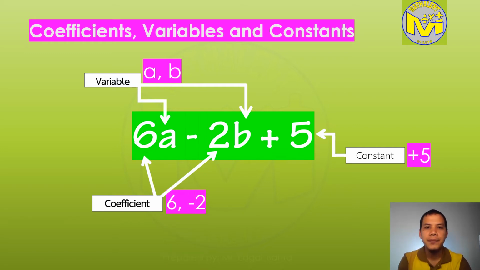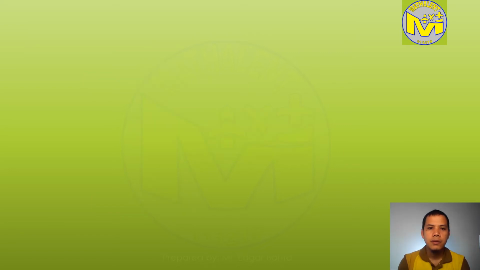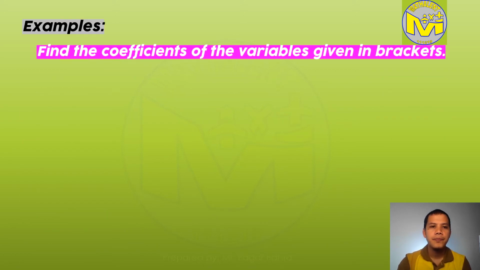Now you understand. Okay, let me show you more examples. Instruction: find the coefficient of the variables given in the bracket. So, what is in the bracket? 5y.